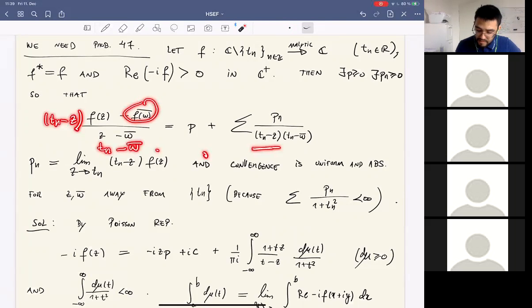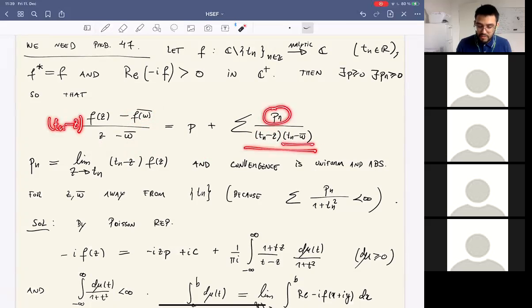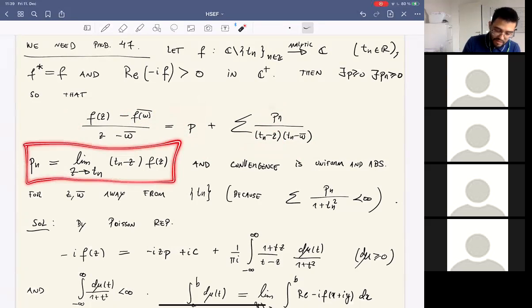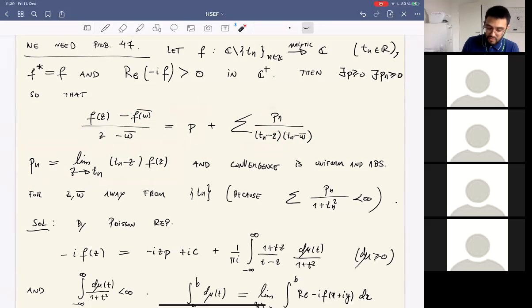And on this bit, you will cancel this Tn minus z, and you will have, again, this Tn minus w bar. And the only one that will survive would be the particular Tn you took here. So you only have one term, and with this cancellation, you have exactly this guy. And this guy will also go away because you multiply by Tn minus z and take z to Tn. Okay. So what I'm saying is that this here can be easily deduced from this formula here.